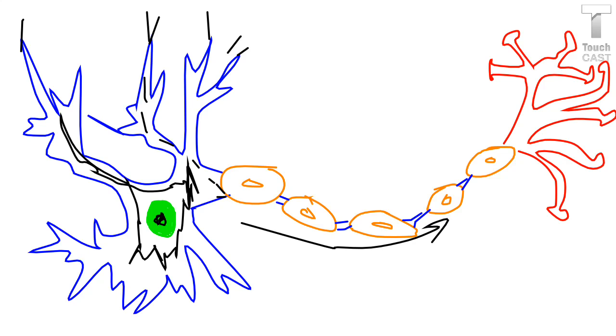And what the axon does is it sends electrical nerve impulses away from the cell body, going this way towards the terminal branches, which are in red, which I'll get to in a bit.